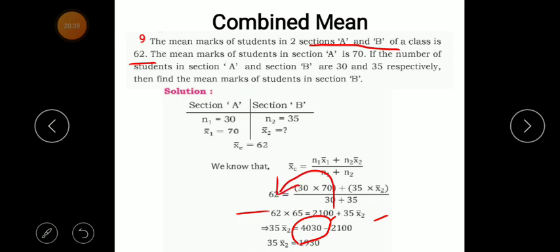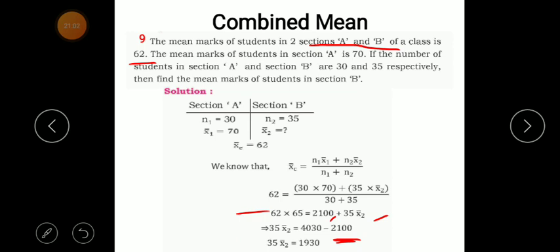So 2100 becomes minus 2100, it has changed its sign. So 4030 minus 2100 equals 1930. So 35 x2 bar equals 1930, I'm getting this value.